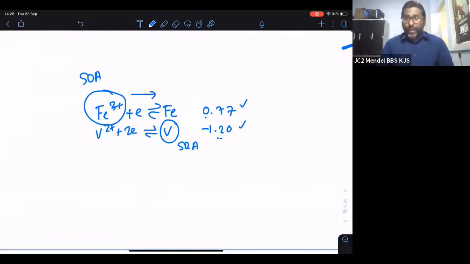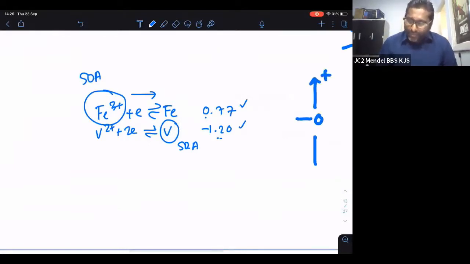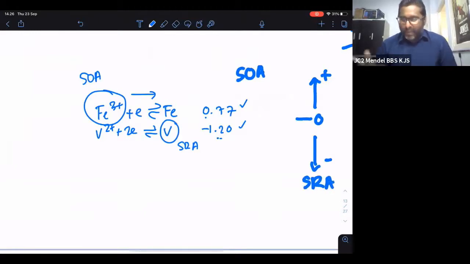And I told you, when you want to write the equation or predict whether there is a reaction, you remember 0, and then the top is positive, you rearrange, and the bottom is negative. You remember SOA on the left top, SRA at the bottom right, and SOA and SRA can react.